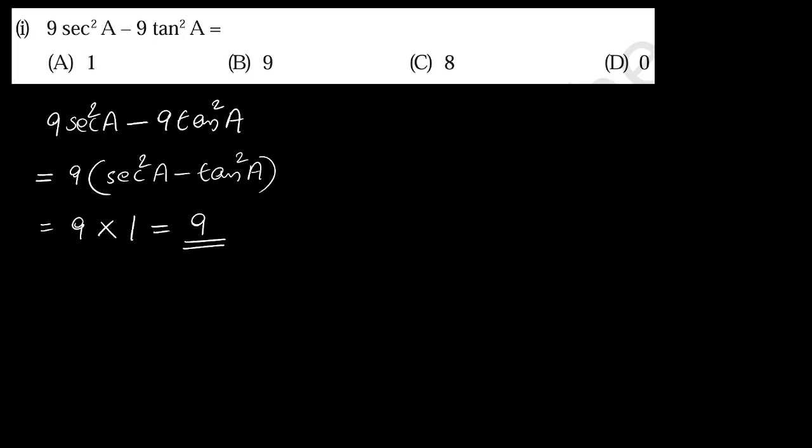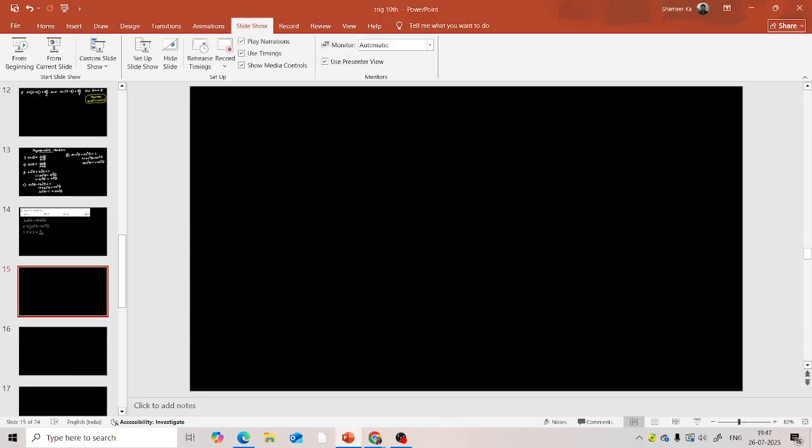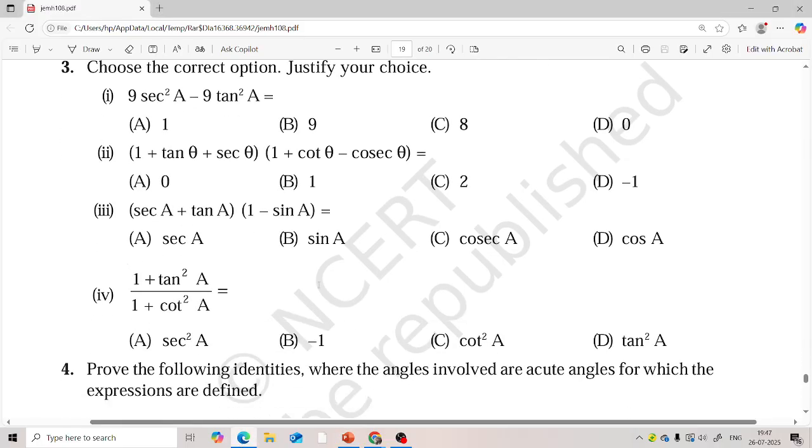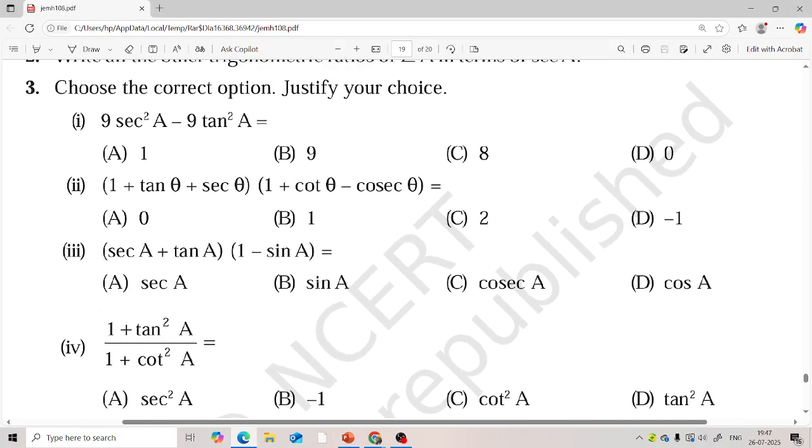So all of you please write down. If you have no doubt, raise your hand. Okay, then I can go to the next problem. In the case of multiple choice questions, you may use some shortcut method.